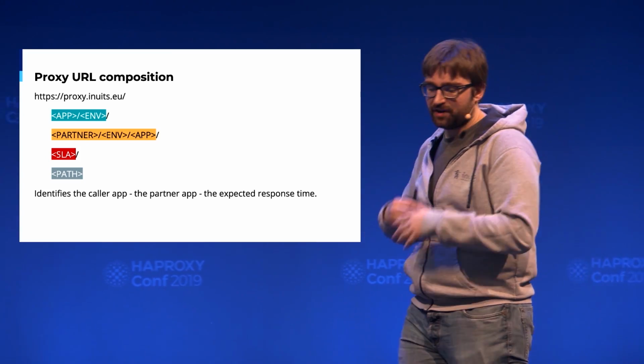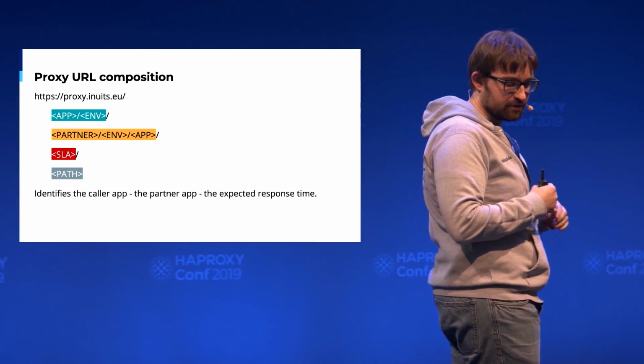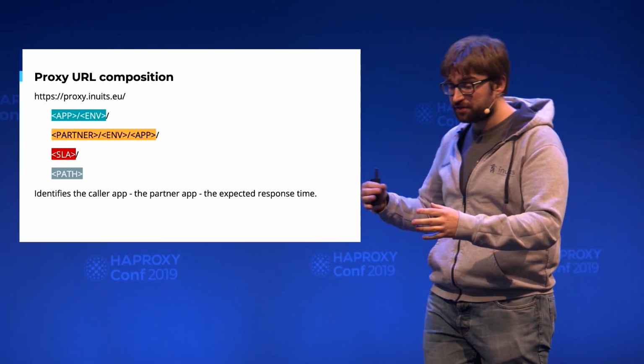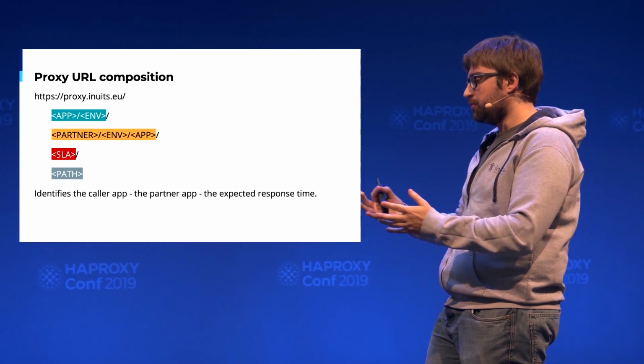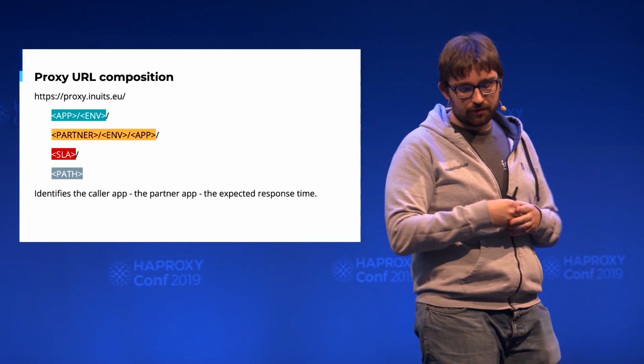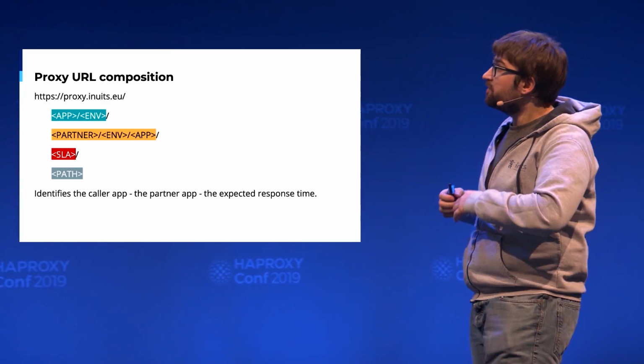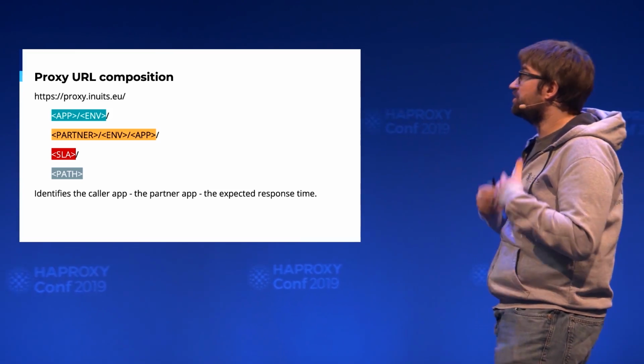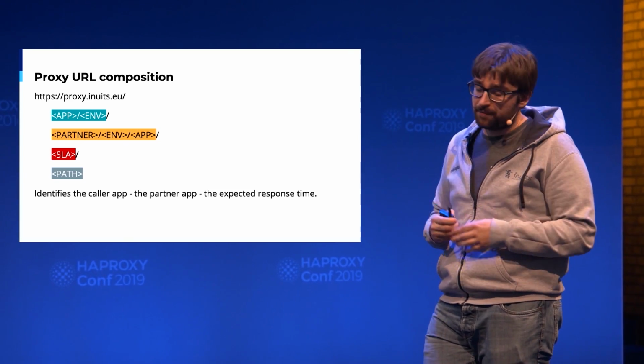And for that, you don't have the same timeouts as previously. And then you have the rest of the URL, because in one application, you will have multiple endpoints behind that URL.